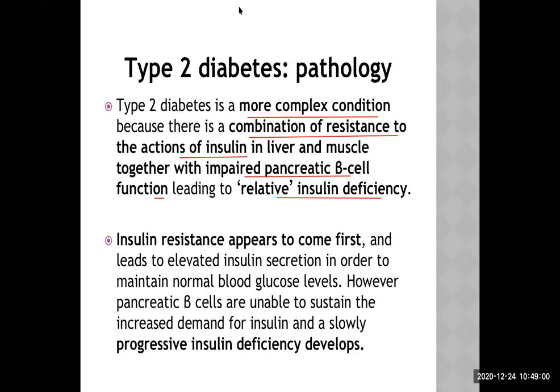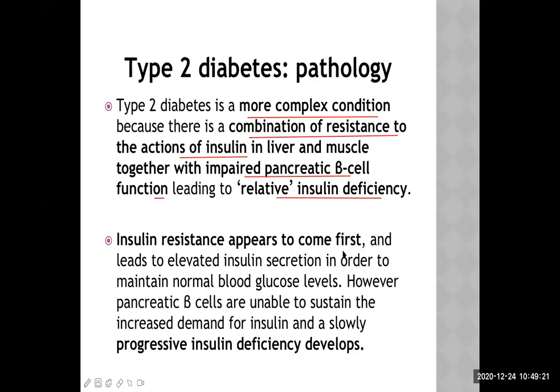But in that condition, the insulin resistance is far more than we expect. So two things: a relative decrease in insulin release from the beta cell, and resistance to insulin action in the peripheral tissues. This is known as type 2 diabetes.